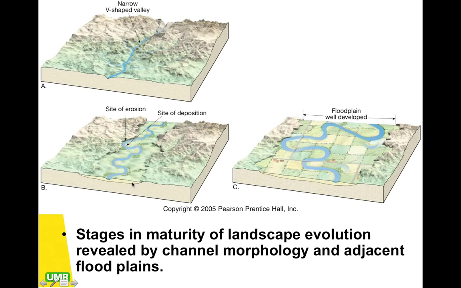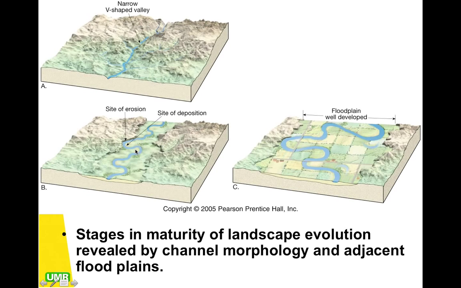You're also going to see that as it meanders, no longer is it just eroding all of the time. It is eroding and it's depositing as well. In a meander, it is going to erode on the outside of that bank where the water is flowing the fastest.